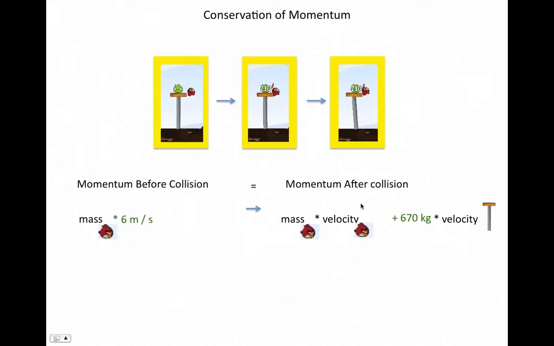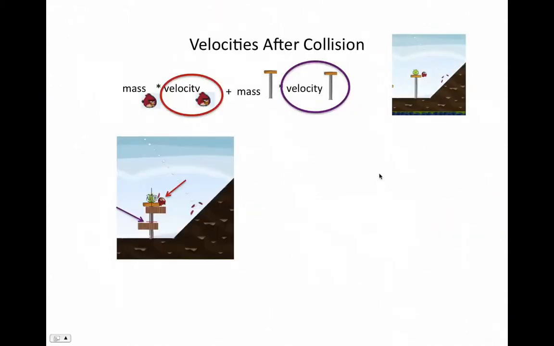And now we're going to measure the velocity of red after the collision, and also how fast this concrete and stone moves. Okay, that was just a quick movie after the collision.